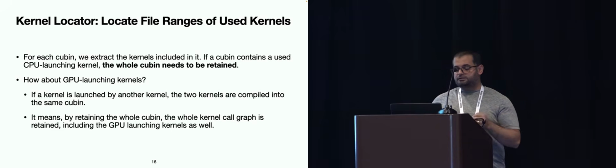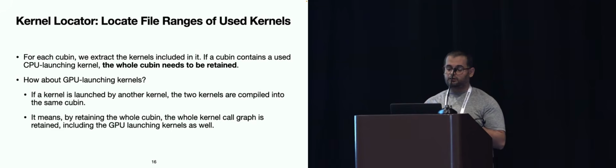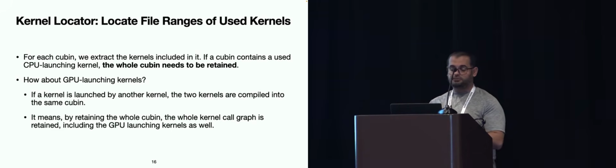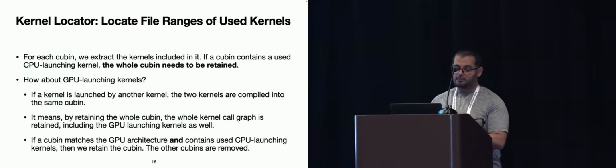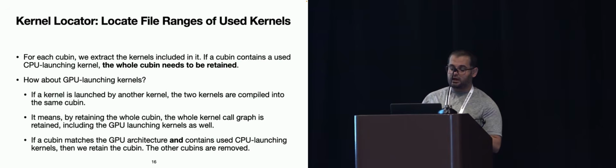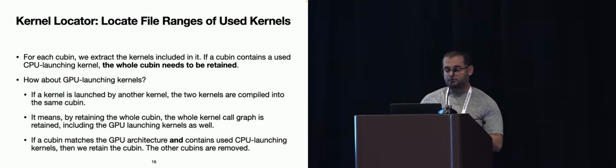It means that by retaining the whole cubin, the whole kernel call graph is also retained, including the GPU launching kernels as well. If a cubin matches the GPU architecture and contains the CPU launching kernels, then the authors retain the cubin, and the other cubins are removed.